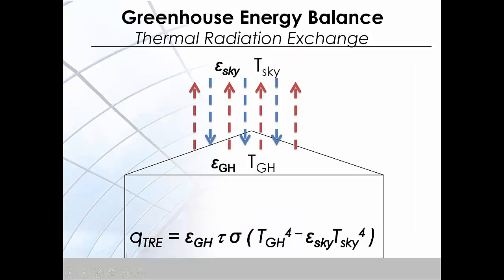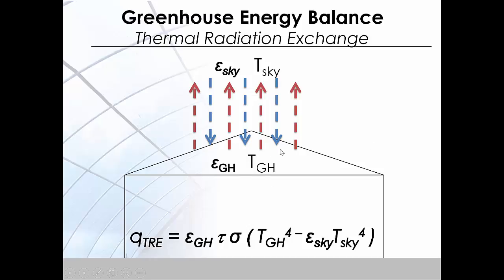Let's now look at the thermal radiation exchange process. In regards to thermal exchange between the greenhouse interior and the atmosphere, this can be determined by evaluating the radiation exchange based on the temperature of the greenhouse exterior and the sky temperature.